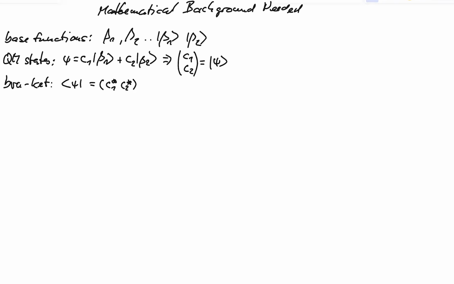And this is simply the column vector adjoint. It's the dagger, which my writing makes look more like a plus, but it shall be a dagger.